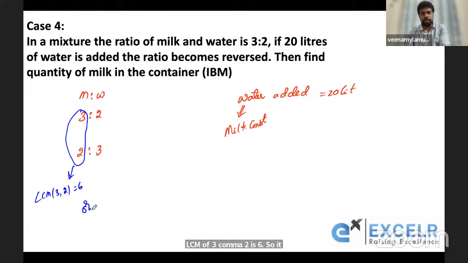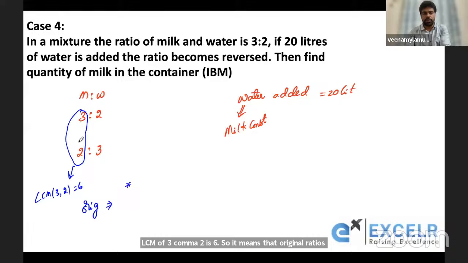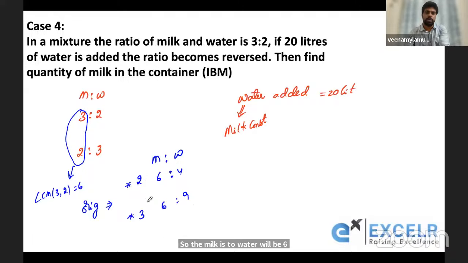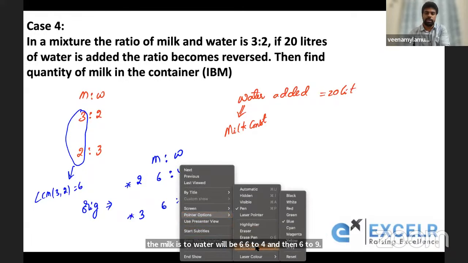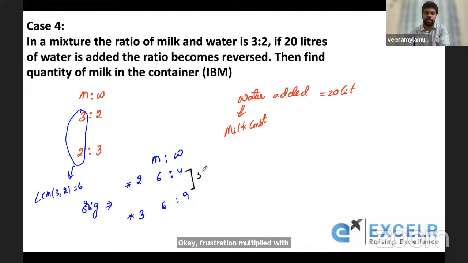So in both places, milk should be 6. To get 6 in the first case, you multiply with 2. To get 6 in the next case, you multiply with 3. So milk to water will be 6 is to 4 and then 6 is to 9. From here to here, 5 parts.